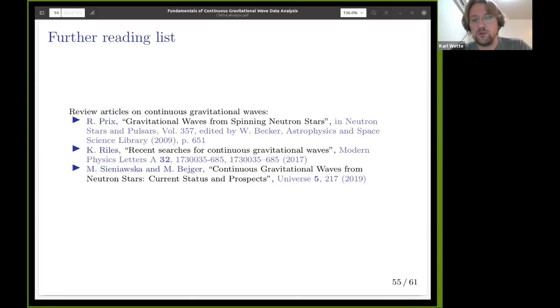But it means you can actually do more sensitive searches that way, because the metric on that type of statistic doesn't scale as steeply as the power of time. So the semi-coherent paradigm is the one that we use most often to do actual searches, although they're built ultimately on matched filtering and the statistic that we've described here.